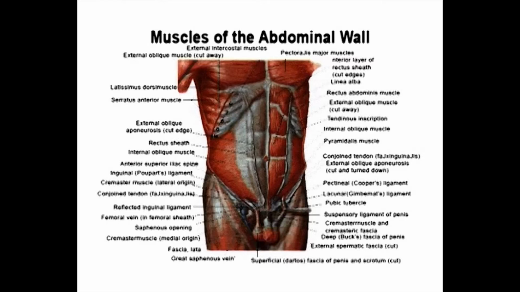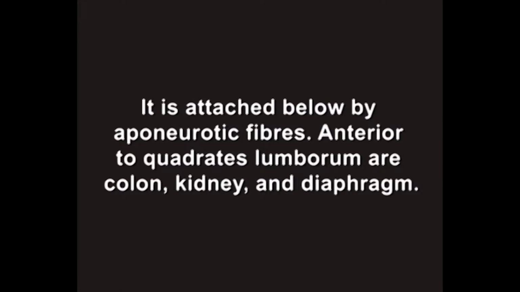Quadratus lumborum. It is an irregularly quadrilateral posterior muscle of abdomen. It is broad inferiorly. It is attached below by aponeurotic fibers. Anterior to quadratus lumborum are colon, kidney and diaphragm.